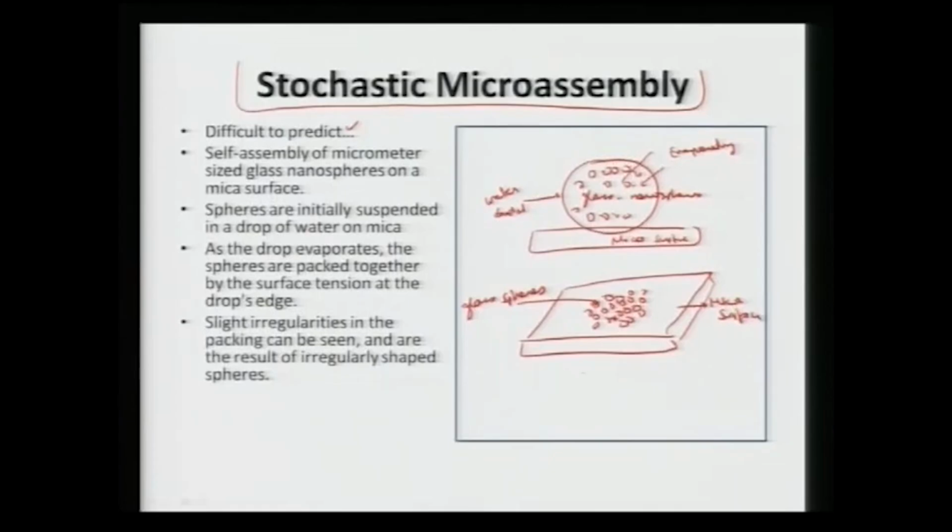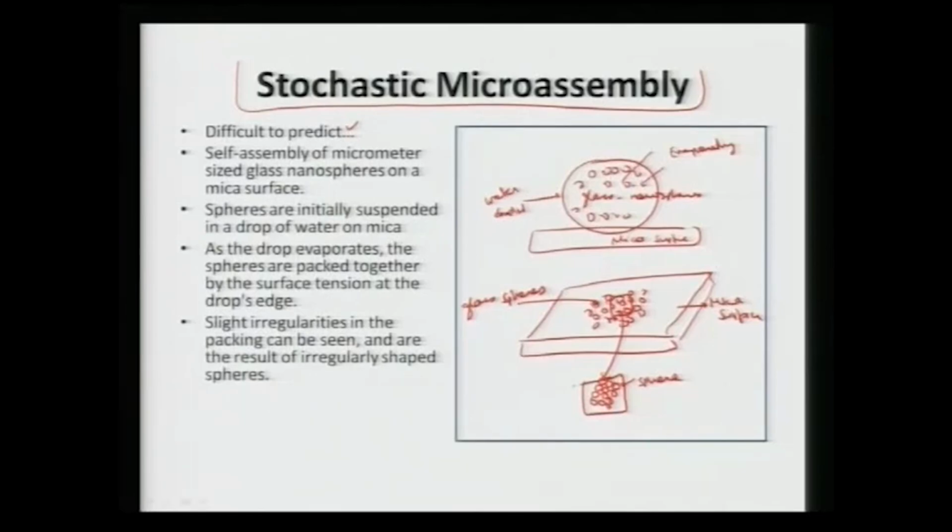What you will see is a very nice organization of these spheres. If you zoom in, it will look like this. We have very nice organization of all these spheres.